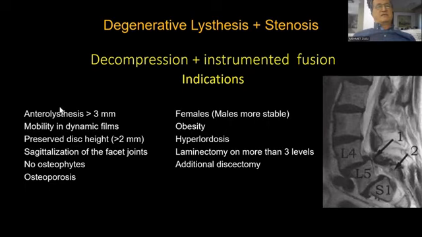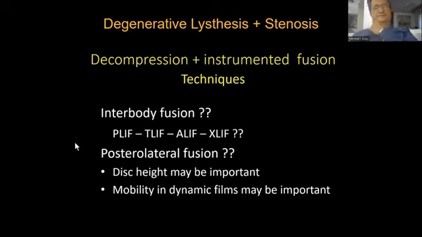But in cases with more anterior listhesis, more than 3 millimeters, mobility in dynamic films, disc preservation, sagittalization of the facet joints, and absence of osteophytes, osteoporosis, those cases may need fusion.